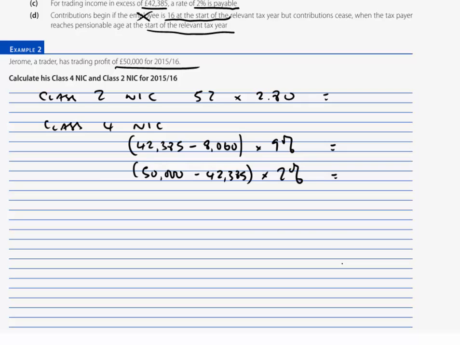Again, always likely to see some involvement of NICs, given that we have section A, 15 individual objective testing questions, you'd expect at least one of those to be given over to NICs, if it's not to feature as part of either section B or section C. So very likely you're going to have to do those calculations, or rather more simply, just identify for a particular individual what particular classes of NIC they may have to pay.